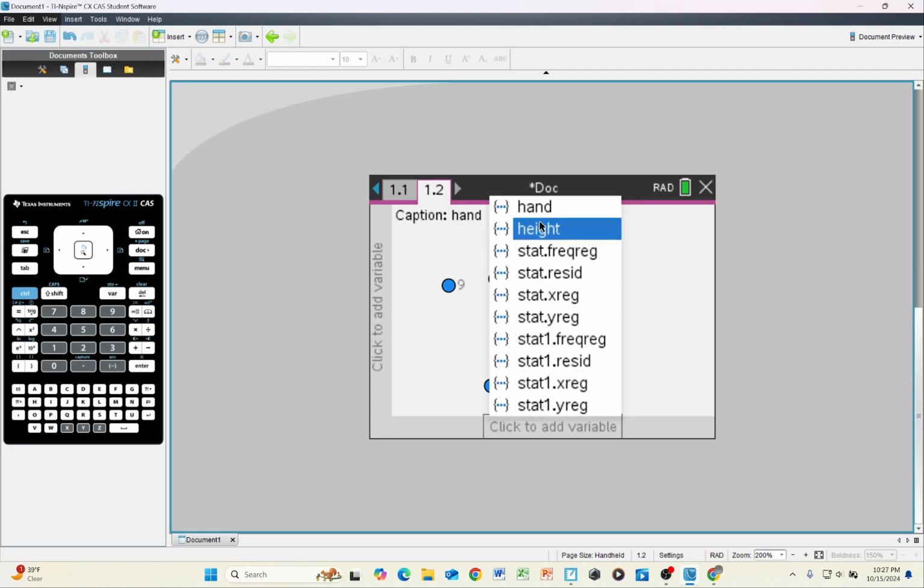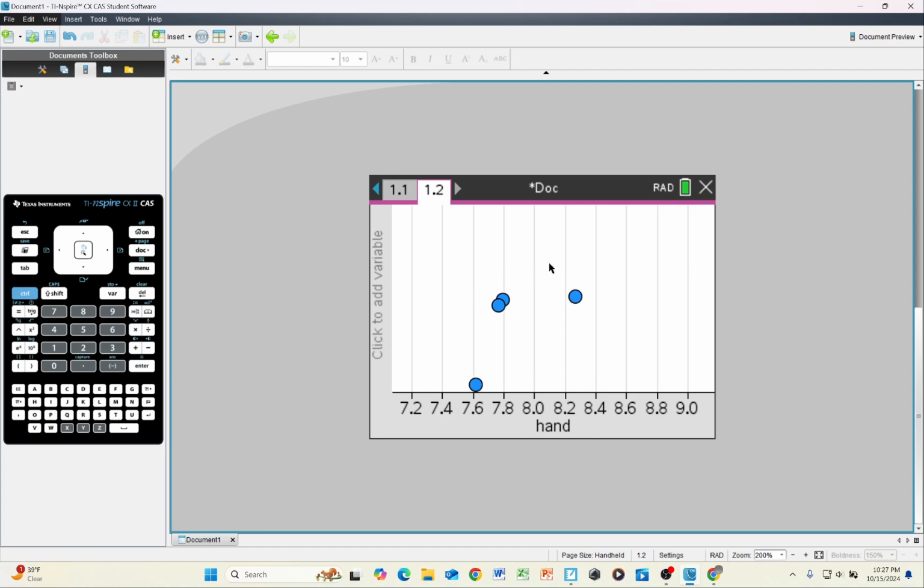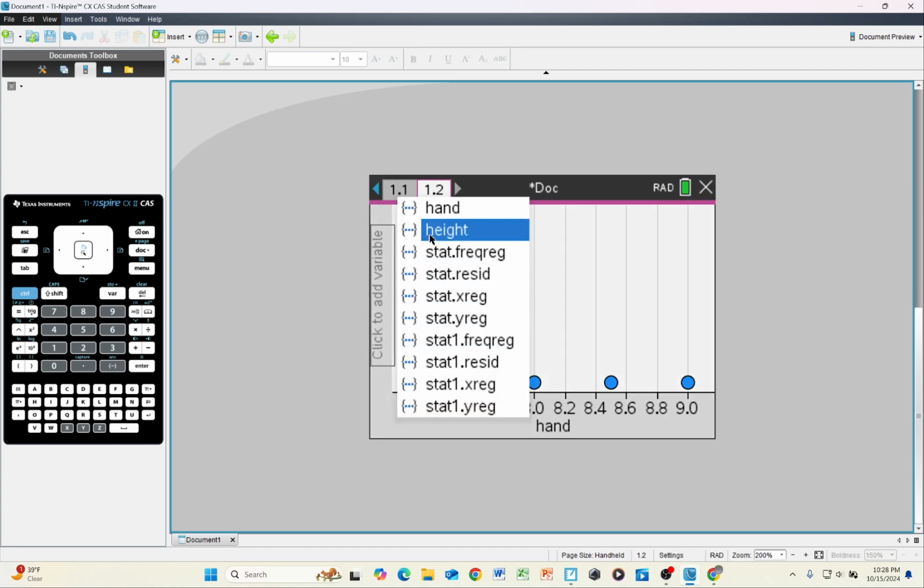The linear regression command calculates a lot of lists, and that's really cool. All of these are different variations on the data that we can analyze. So if we need some of these, we will. But let's go back to our original hand and height. We had hand on the x-axis. Here's your dot plot. But I'm going to go over to the y-axis and add height.